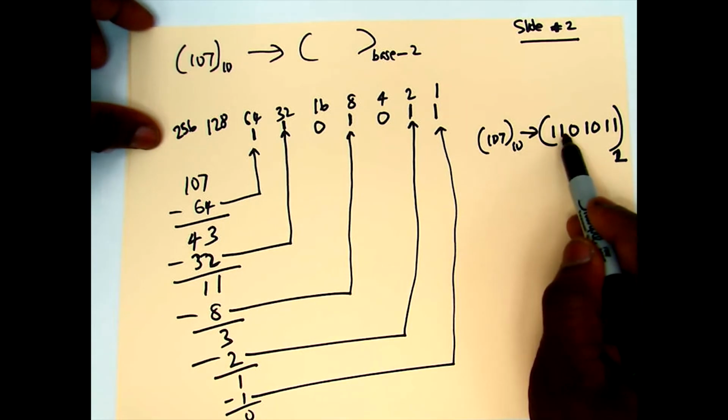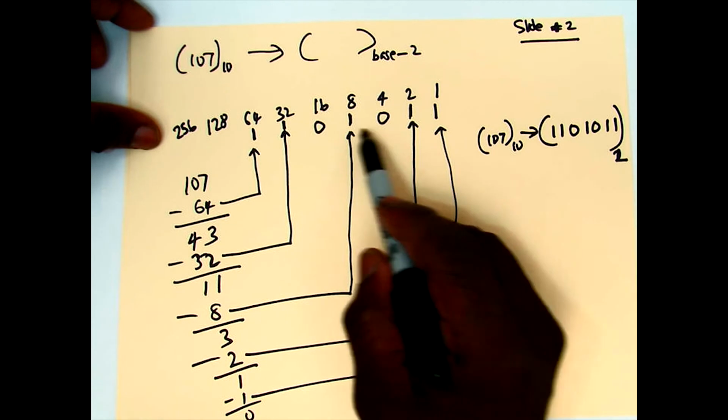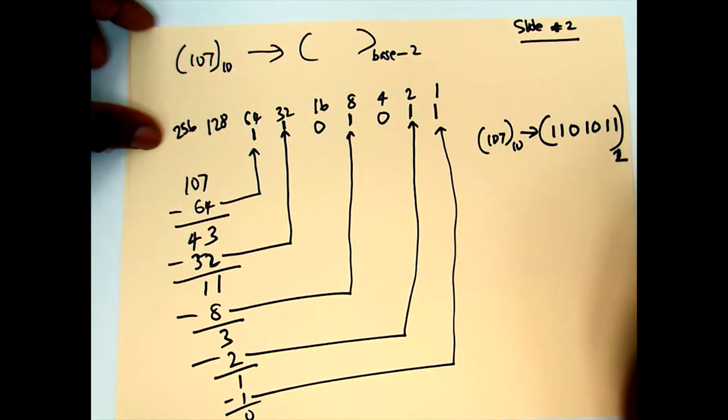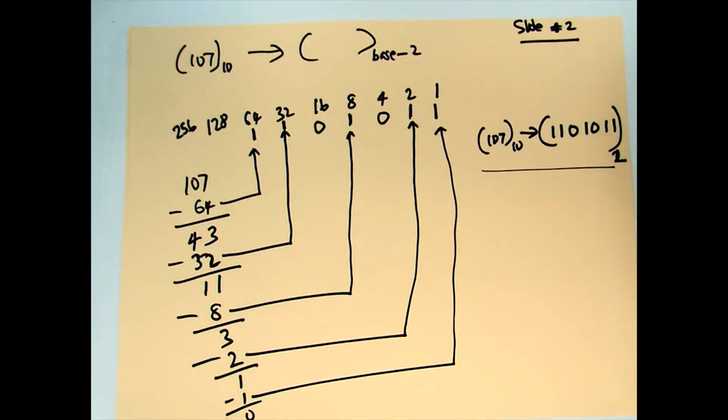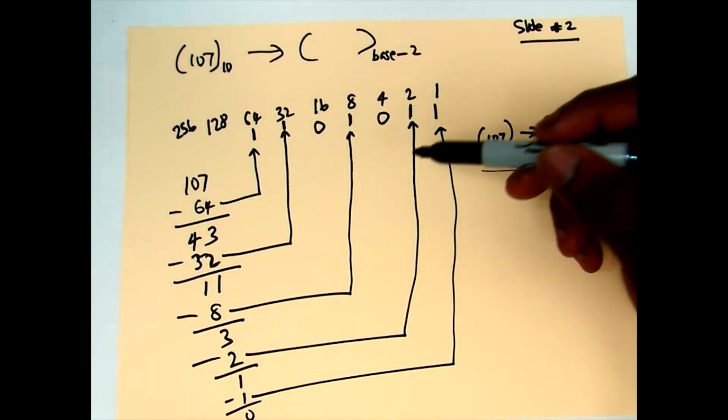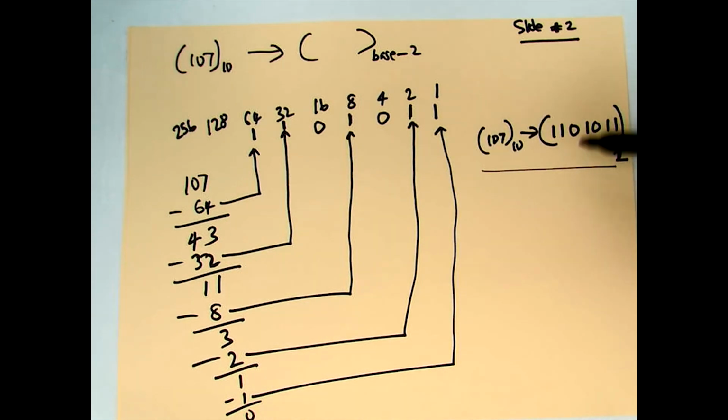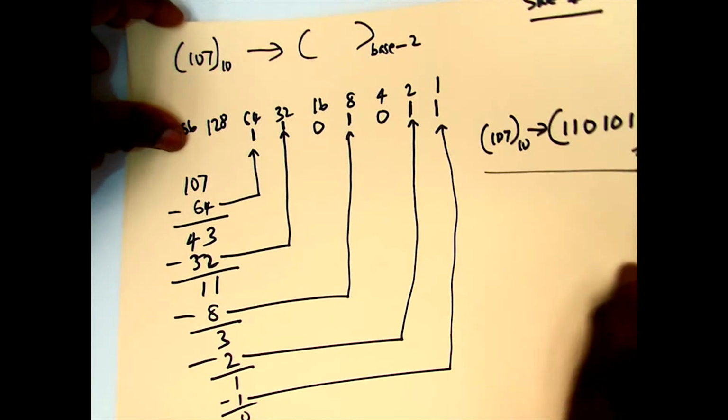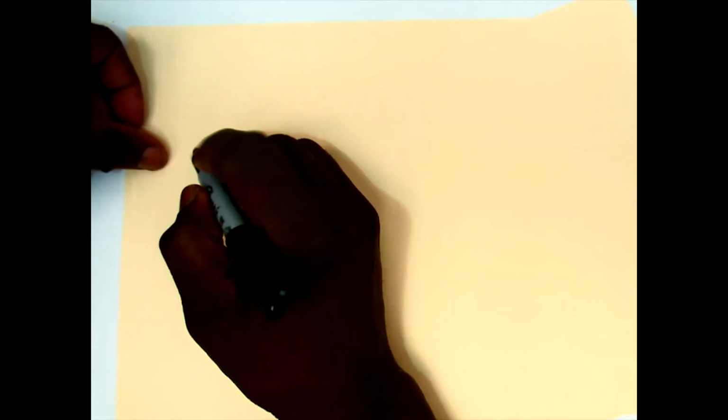You have to be careful, double check: 1 1 0 1 0 1 1. So we have gotten this number now. It's very easy to take any number from decimal to binary. Let me do one more, briefly.